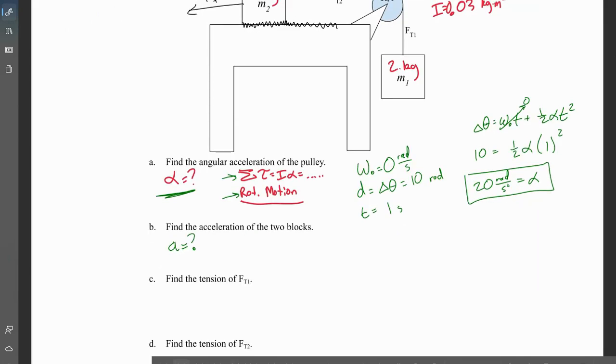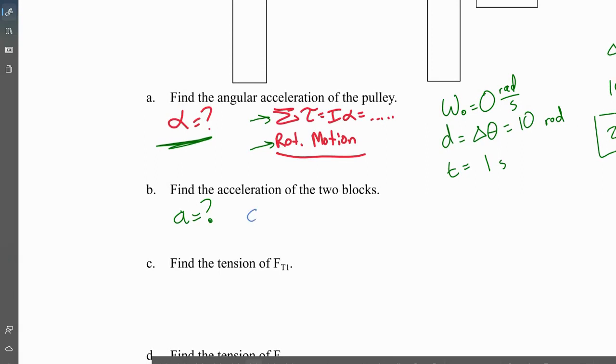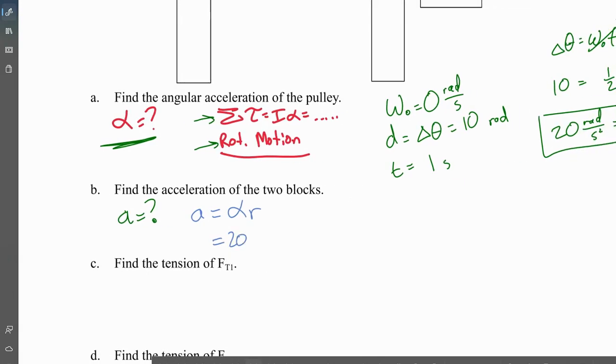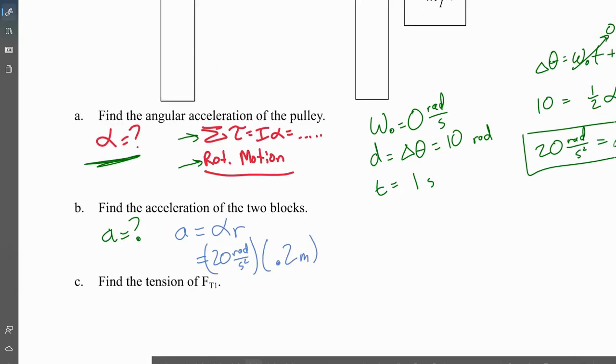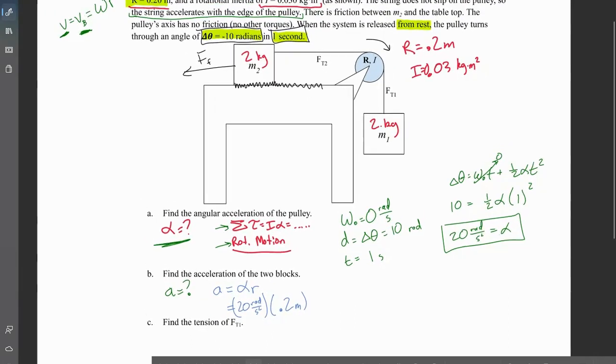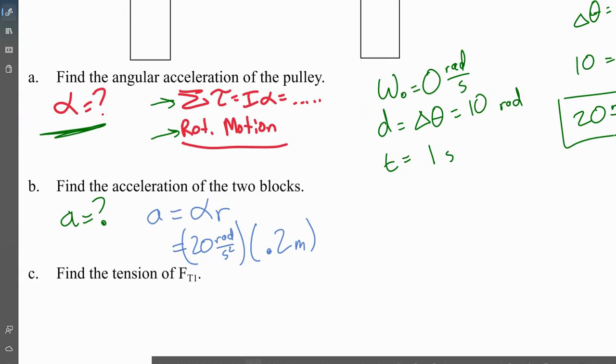So this tells us we know a equals alpha R. So our alpha was 20 radians per second squared, and our radius, 0.2 meters. Throw that into your calculator. You should be getting 4 meters per second squared.